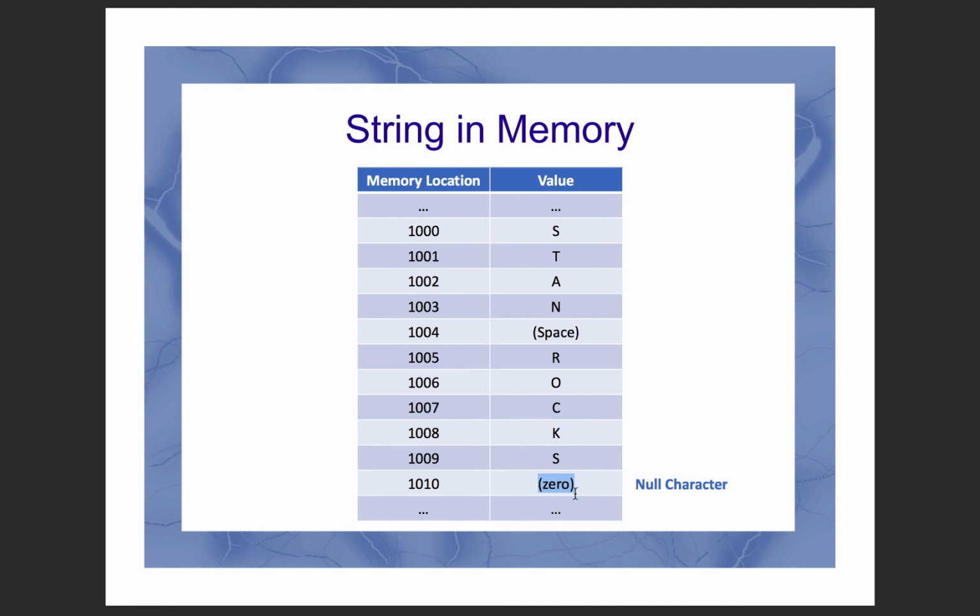That says this is the termination of the string. If it doesn't have a null character, the computer doesn't understand whether the string is finished or not. This null character says that we are done with the string. So string is similar to an array. It's a kind of char type array, and the internal concept is also similar to the array.